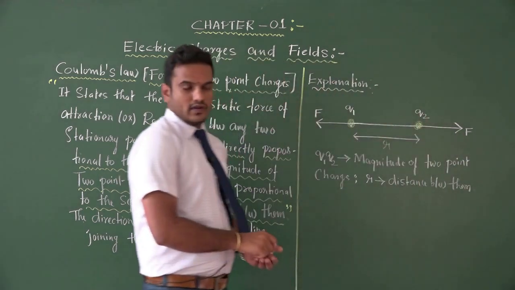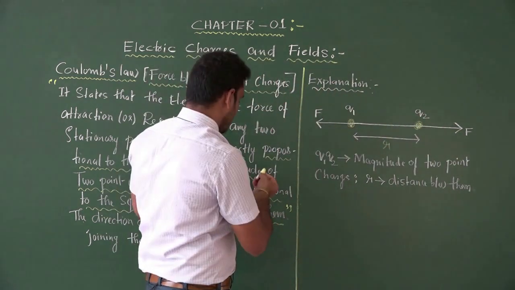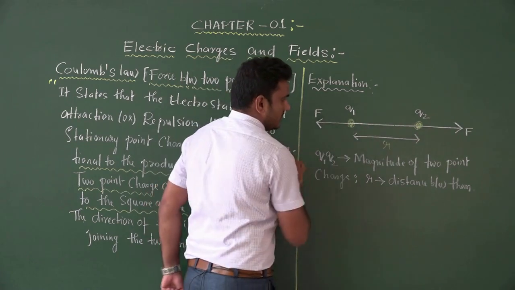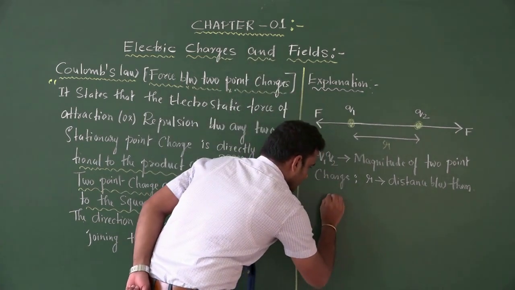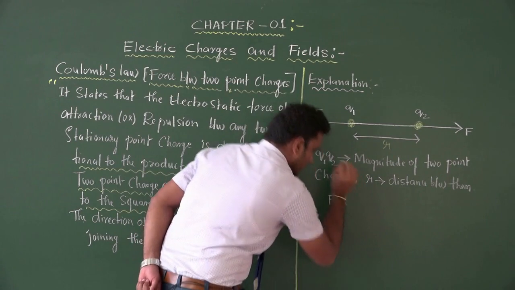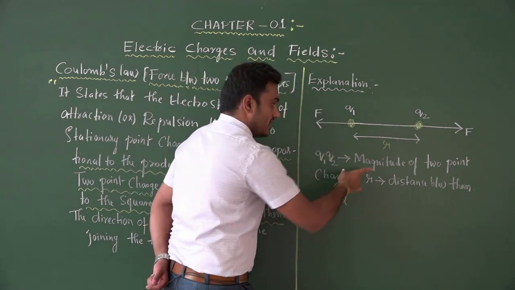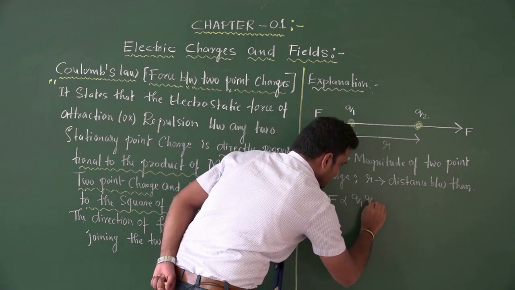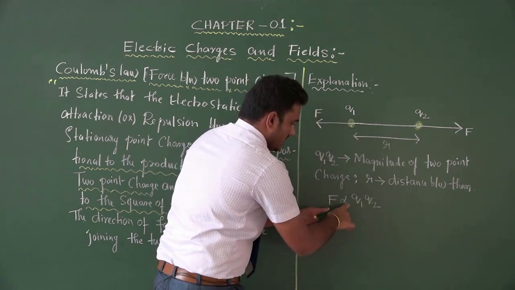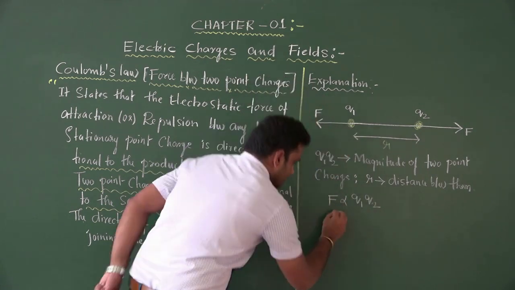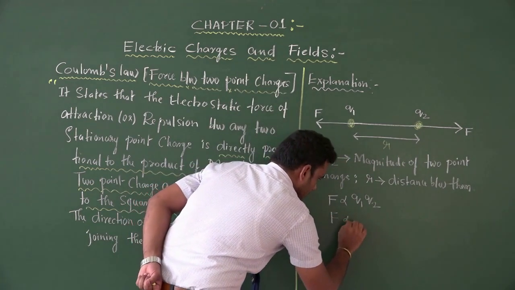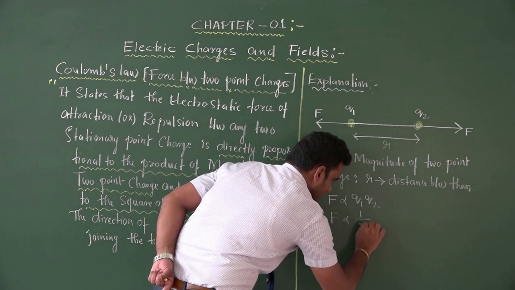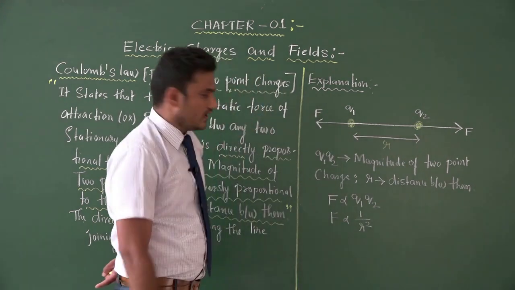Now we need to calculate the magnitude of the force. According to Coulomb's law, the force between 2 point charges is directly proportional to the product of the magnitudes of the 2 point charges, that is F proportional to Q1 into Q2, and inversely proportional to the square of the distance between them, that is 1 over r square.